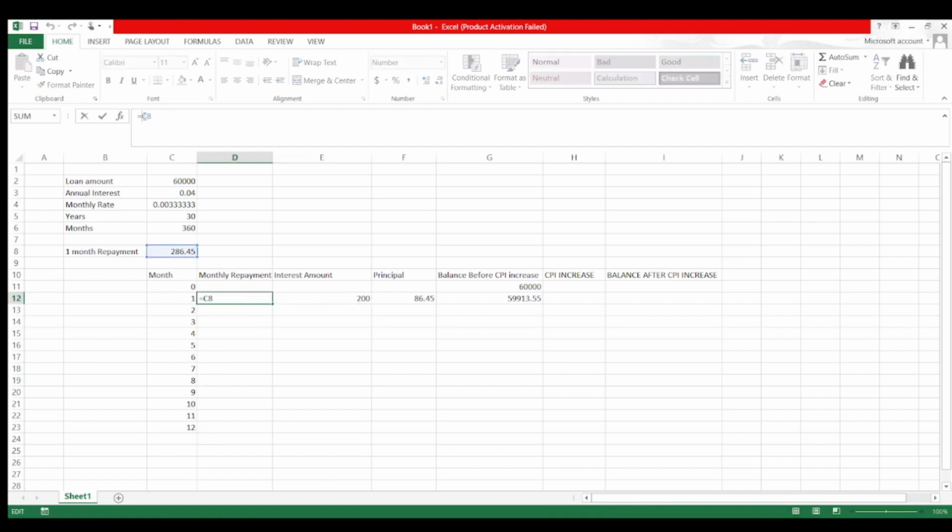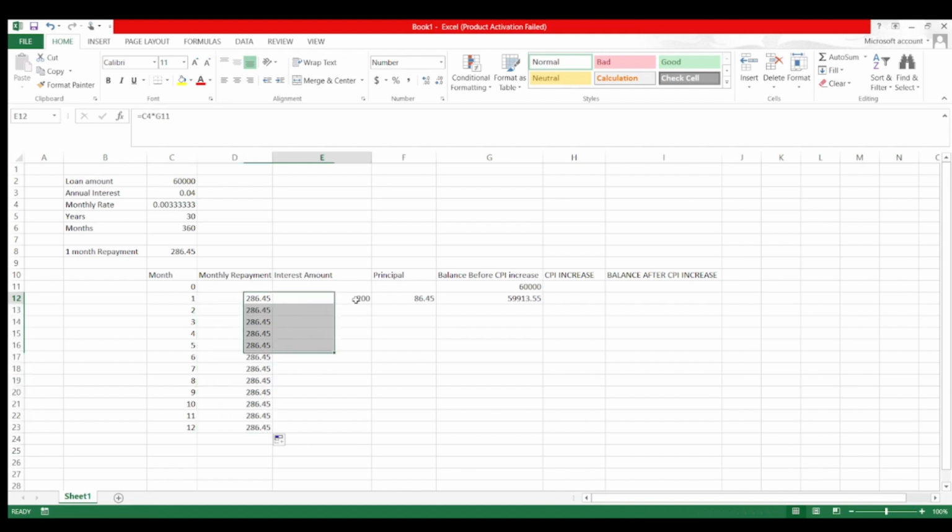Our monthly repayment here will still be constant. This repayment will be constant for the first 12 months.